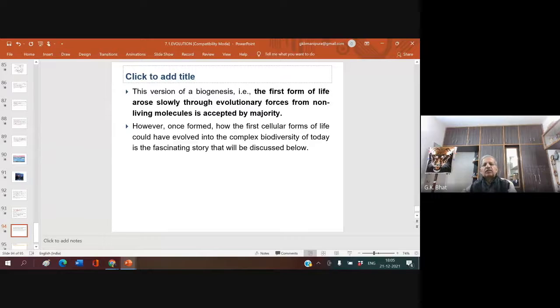This version of biogenesis, that is, the first form of life arose slowly through an evolutionary process from non-living molecules, is accepted by the majority. Here, non-living molecules refer to chemical molecules, not a non-living thing like a leaf, root, etc. However, once formed, how the first cellular form of life could have evolved into the complex biodiversity of today is a fascinating story which we are going to discuss one by one now.